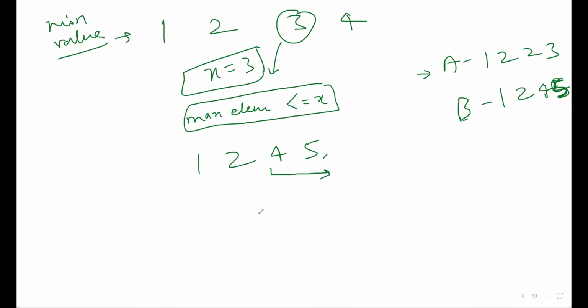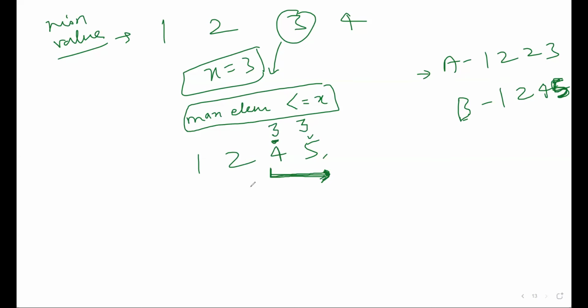Remember, we have sorted the array. Why have we sorted? Because order is not important. So we sorted it, because in future we might do some operations and it is optimal to perform operations on a sorted array. So you have to change these values. What is the property of these values? These values are greater than x. Now, you'll change these values to 3 and 3.